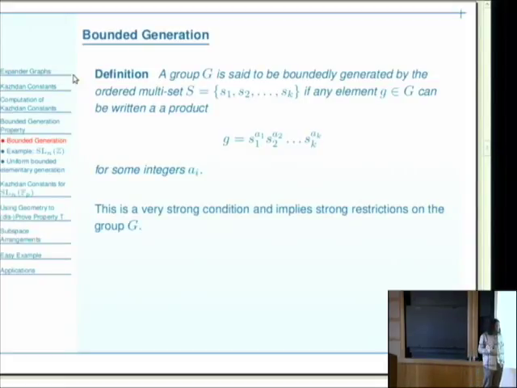This whole machinery started in the 80s by a result of Carter and Keller, which I'm going to mention in a moment. But it's completely open which groups have this property and which do not. So when you say a group has it, you mean there exists a multiset? Yes, a group is said to be boundedly generated if there exists a multiset such that you have this property.